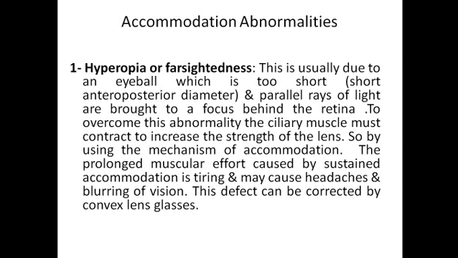So those persons move the magazine or newspaper away from their eyes to see clearly, because near objects appear blurred. To overcome this abnormality, the muscle must contract to increase the strength of the lens. Using the mechanism of accommodation, prolonged muscular effort causes headaches, straining, or blurring of vision. This defect is corrected by convex lens glasses.